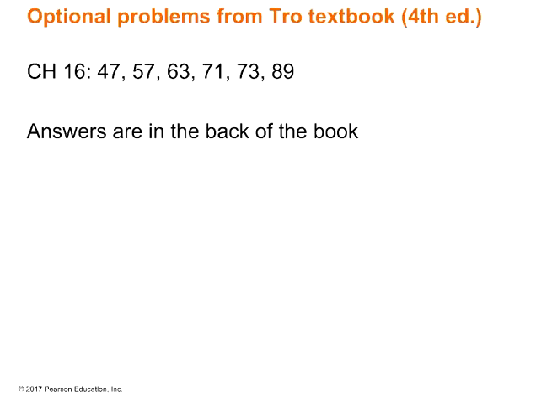Okay. Now, I do have some optional problems for you to try if you want some extra practice. So in the TRO textbook, the 4th edition, I recommend doing problems 47, 57, 63, 71, 73, and 89.